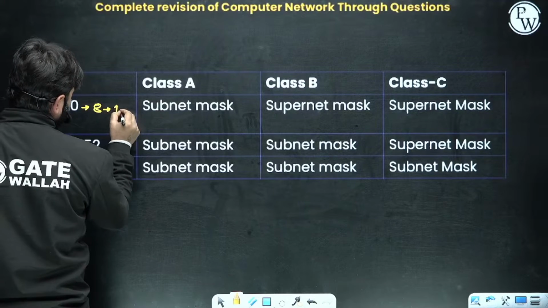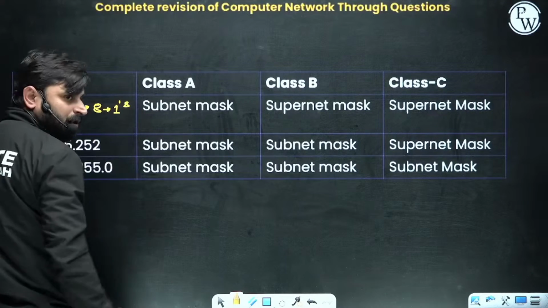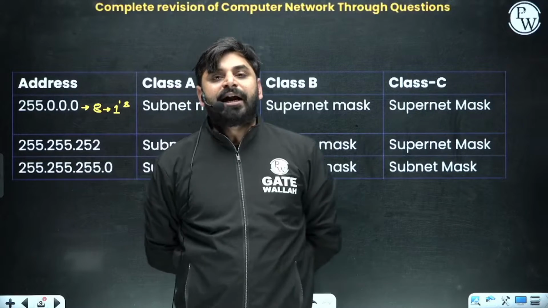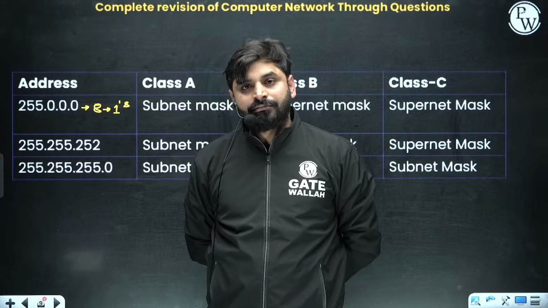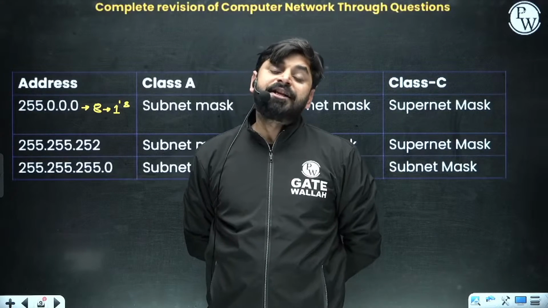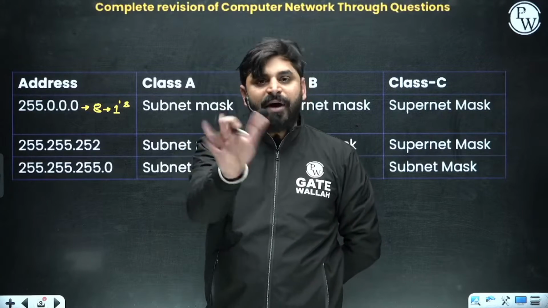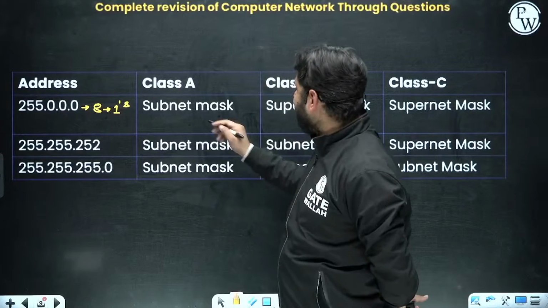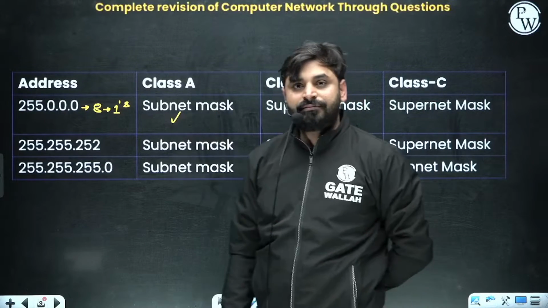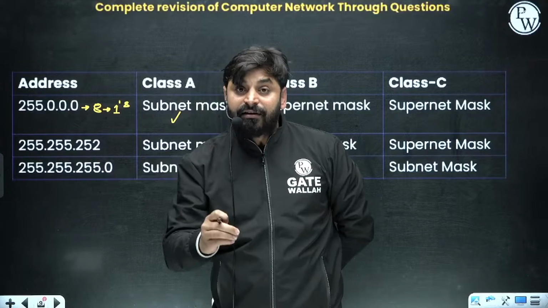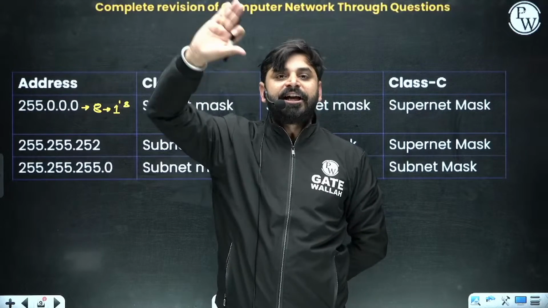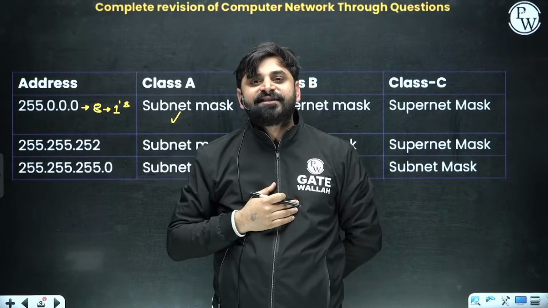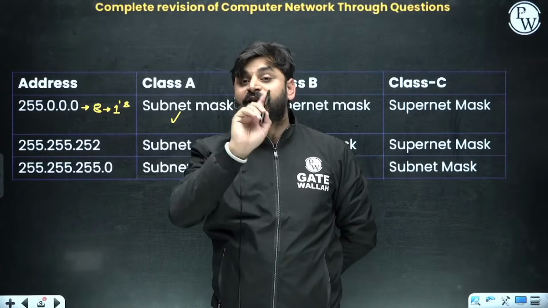Class A has network ID how many bits? 8 bits. So this is the default subnet mask for class A. So for class A, definitely it will be used as a subnet mask. If number of ones is 8, equal to the network ID or greater than the network ID, it can be used as a subnet mask. You have to check only the number of ones.